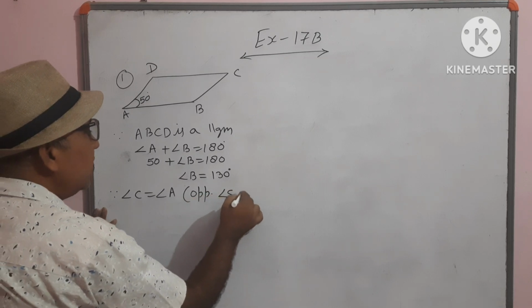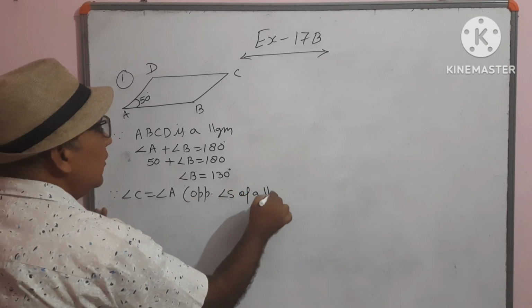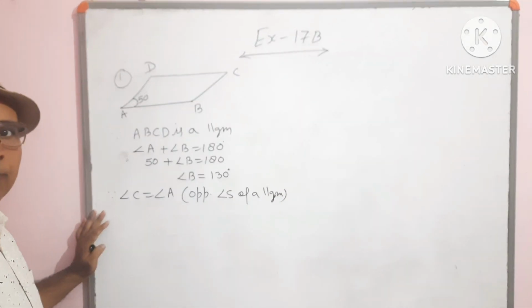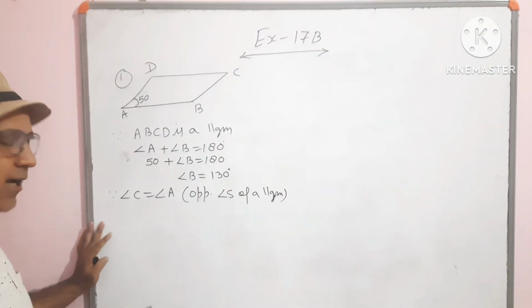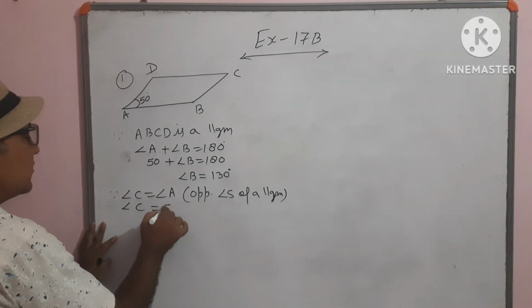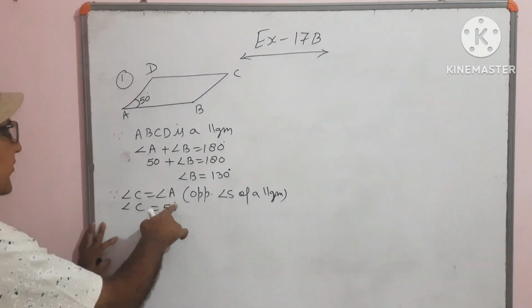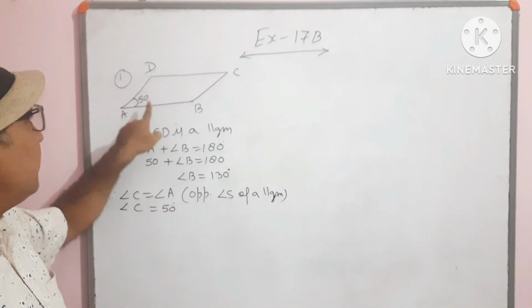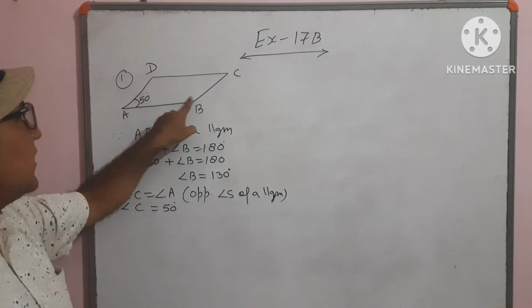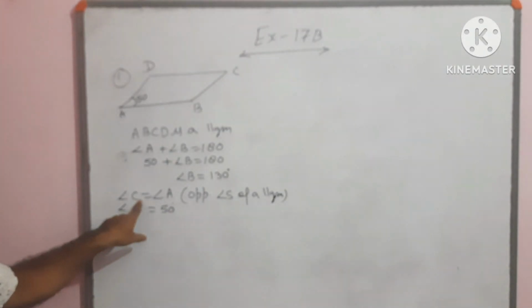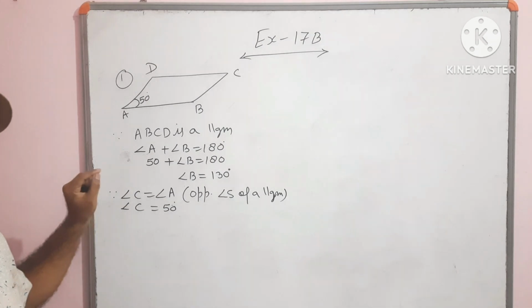Opposite angles of a parallelogram. Therefore, directly we can write that angle C is equal to 50 degrees. Understood? First property we have applied that adjacent angles are supplementary. And second property, opposite angles are equal.